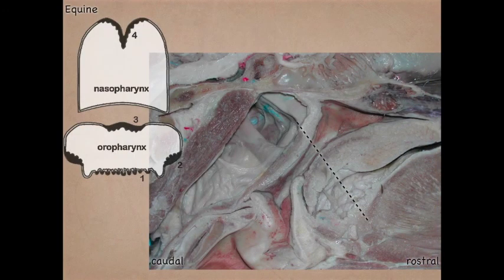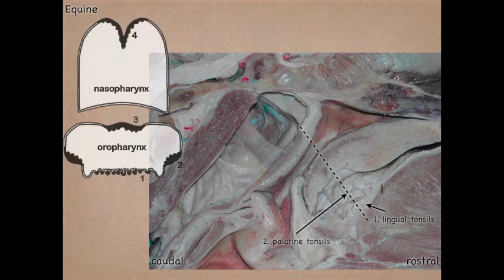Okay, if we are to take a section along this dotted line through this region, we'll see something similar to what we're seeing here on the illustration on our left. We can see here the lingual tonsils in the base of the tongue. Then to the lateral edges of the oral pharynx, caudal to the palatoglossal arch, we're going to see these roughened elevations, which are the palatine tonsils.